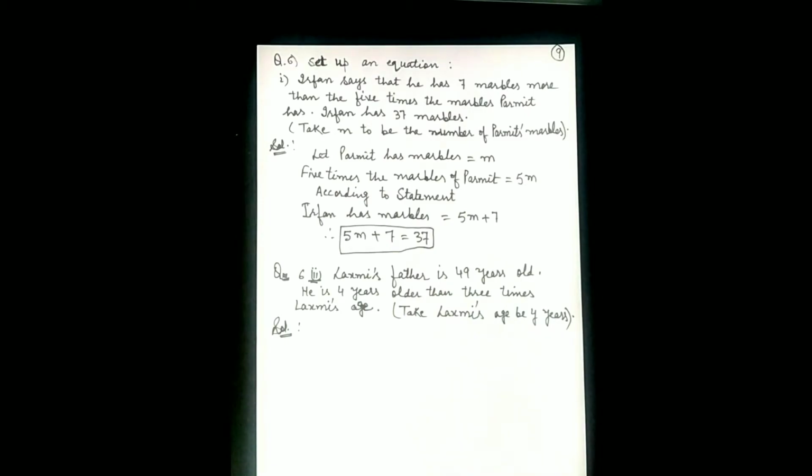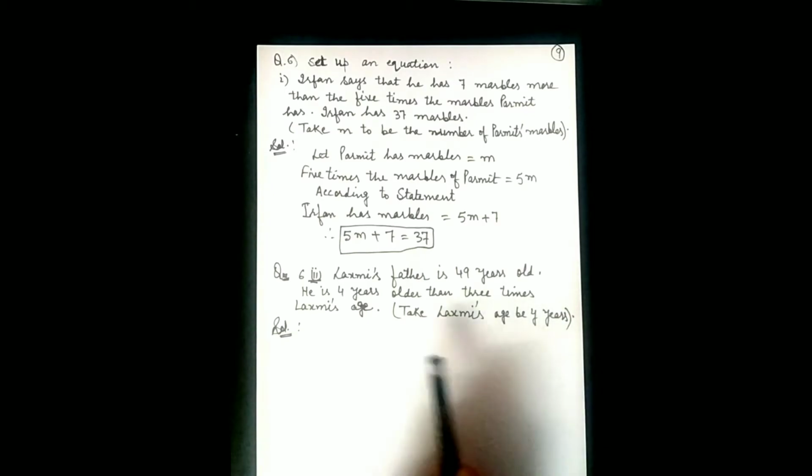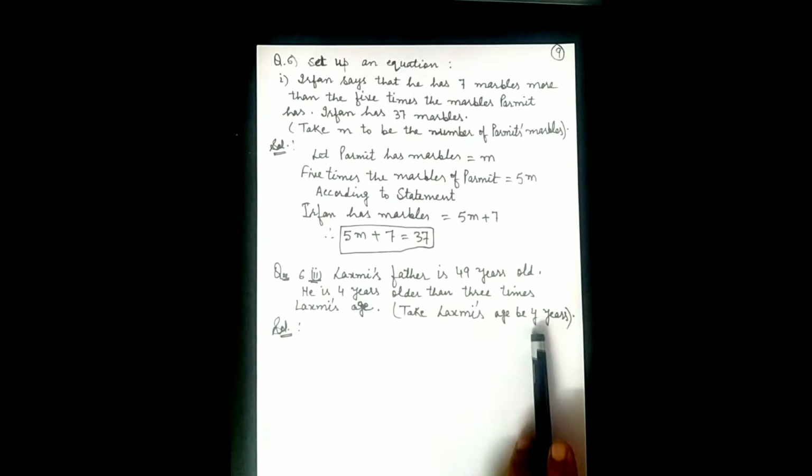Second part. Lakshmi's father is 49 years old. He is 4 years older than 3 times Lakshmi's age. Take Lakshmi's age as Y years. Now, the age of Lakshmi is to be supposed as Y years.